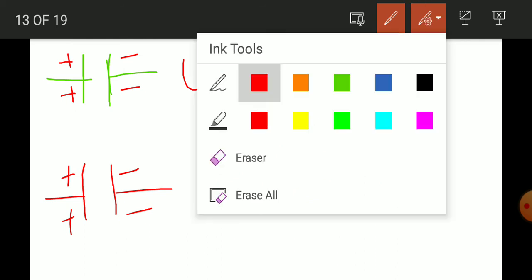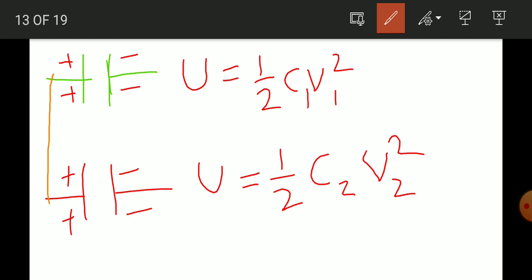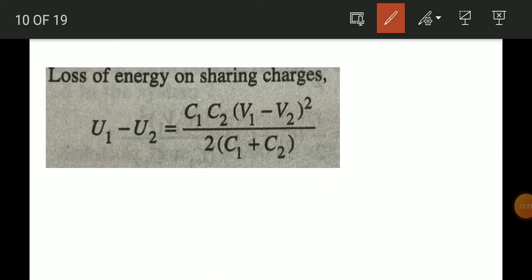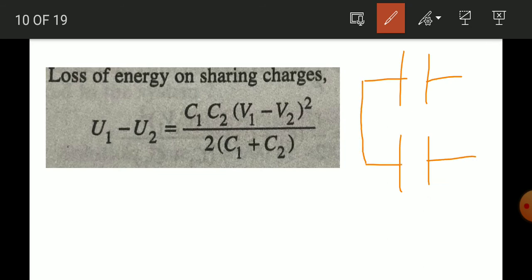What will happen if we connect these two capacitors? After some time they will have a common potential. One capacitor will gain energy, another capacitor will lose energy. So this topic is about energy lost in this system. The final formula will be something different. Basically this is the formula for the energy lost on sharing charges. When you have two charged capacitors and you connect them, there will be a sharing of charges and sharing of energy, and eventually they will have a common potential.